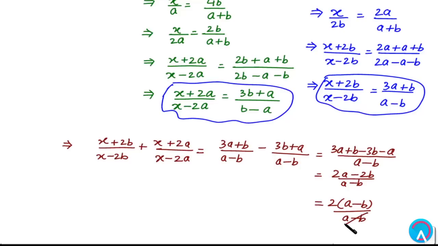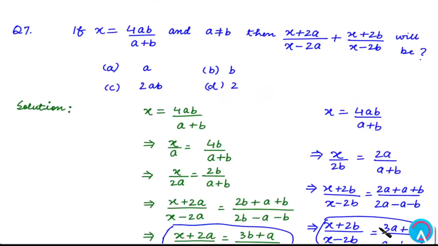Both get cancelled and this becomes equal to 2. So the value of this expression comes equal to 2. That means D is the correct option here.